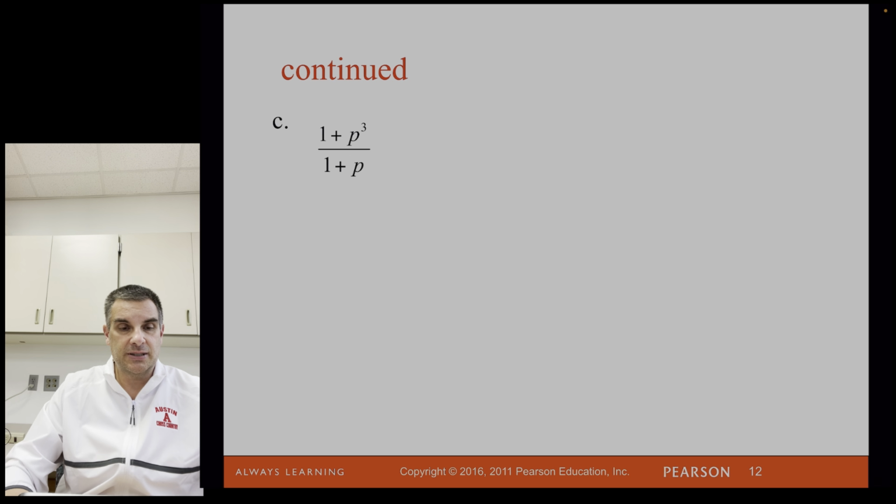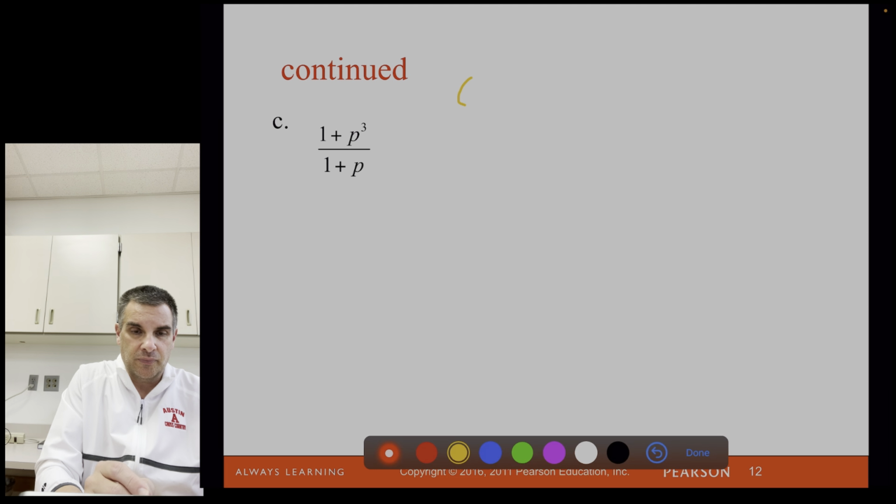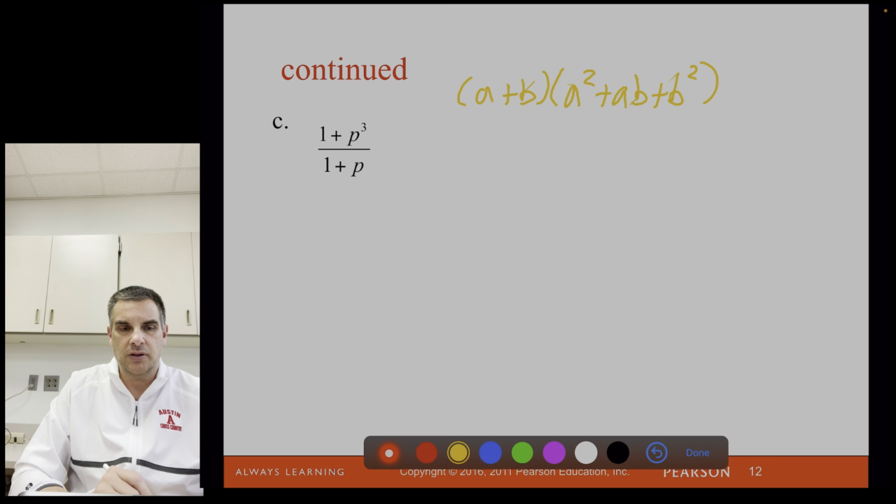So we've got 1 plus p cubed over 1 plus p. So we've got a sum of cubes on the top. And we talked about cubes in the last unit. And we said that the sum of cubes was a plus b times a squared minus ab plus b squared. So my a value is 1.